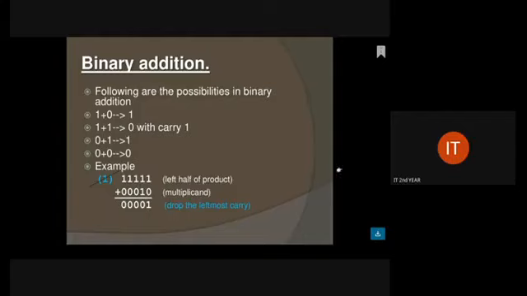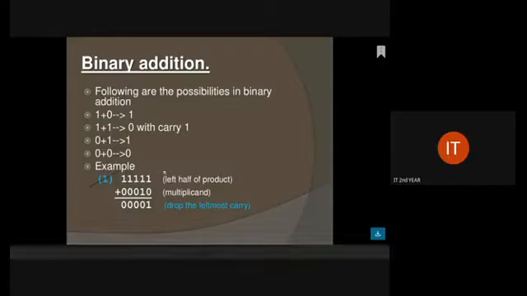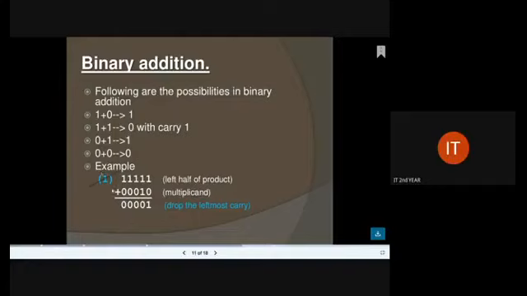The basic example represented here is 11111, which is the left half of the product, and we add 00010 to it. Adding bit by bit: 1 plus 0 is 1, 1 plus 1 is 0 with carry 1, again 1 plus 1 is 0 with carry 1, and so on, until the final carry.